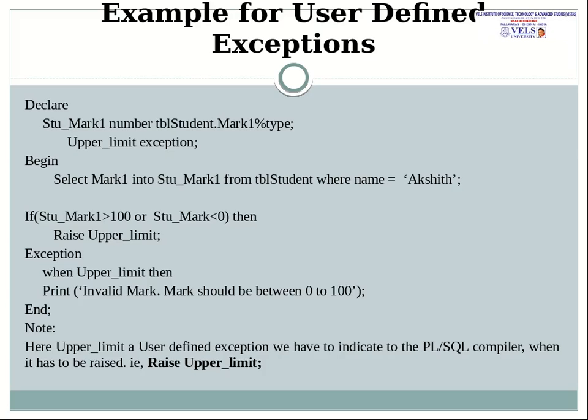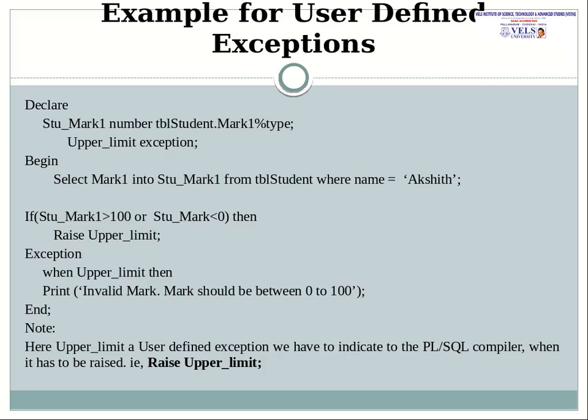If it raises the upper limit, it automatically throws the exception invalid mark. Marks should be only between 0 to 100. If I try to enter a value like 140, above 100, it automatically raises the exception that the mark should be only between 0 to 100. That is invalid mark. So this is your custom exception or user defined exception.